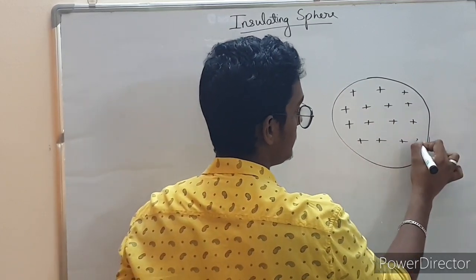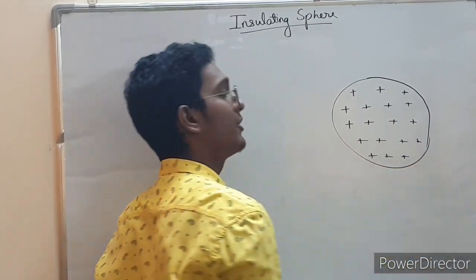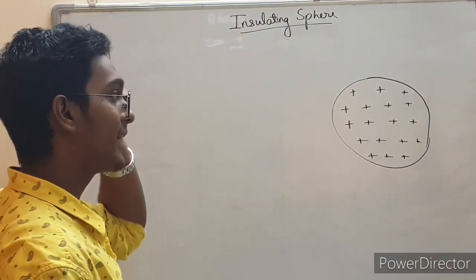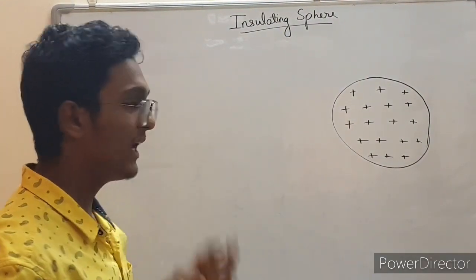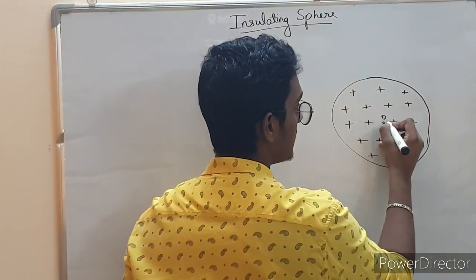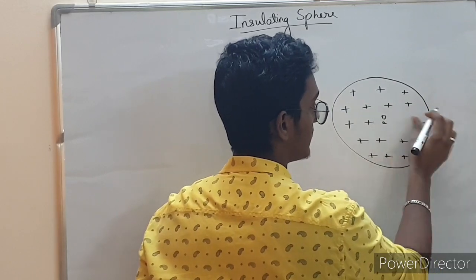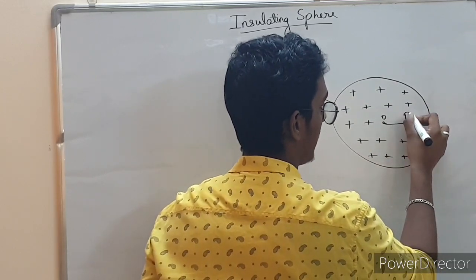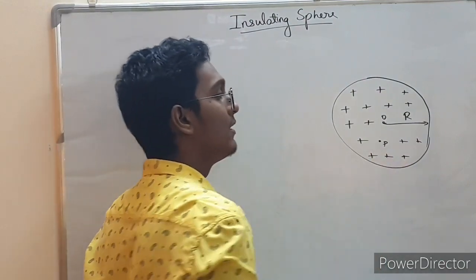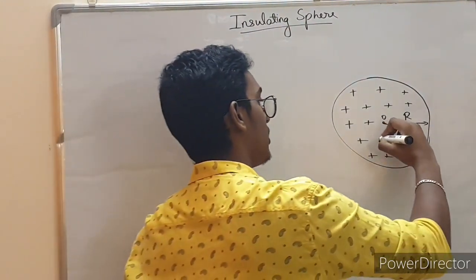So this is how the charge distribution is going to look. It's a solid body. Now let's say I have to find the electric field at a point P. This is the center O of radius capital R, and let's say I need to find the electric field at this point P, which is at a distance of small r.